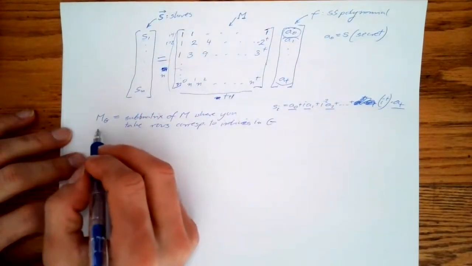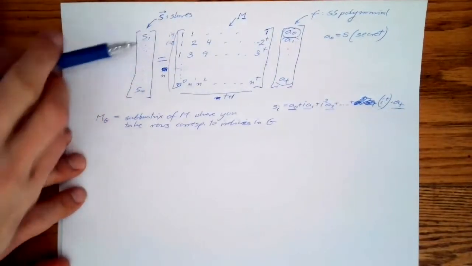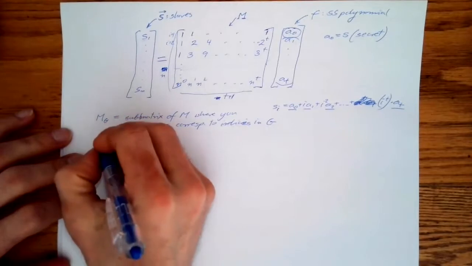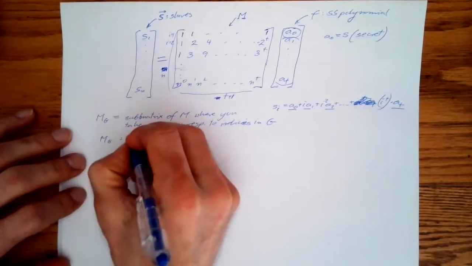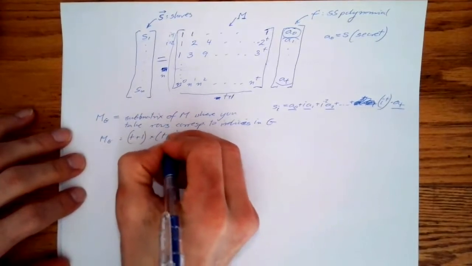But really, G just tells me which rows to take, and I take some t plus 1 rows. So M_G is a matrix t plus 1 by t plus 1.